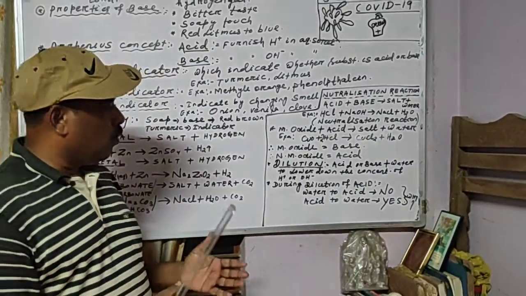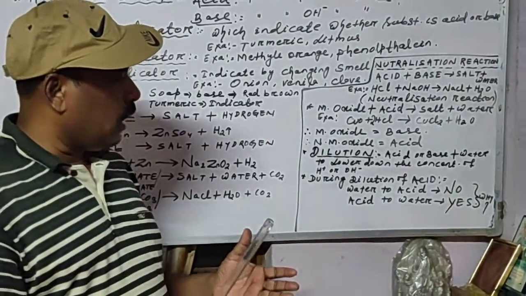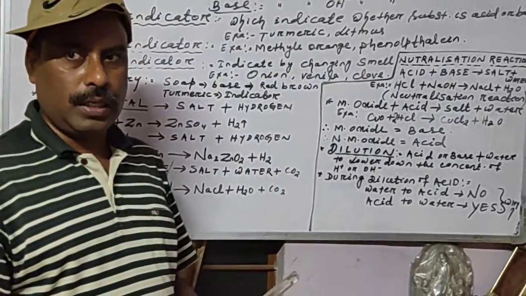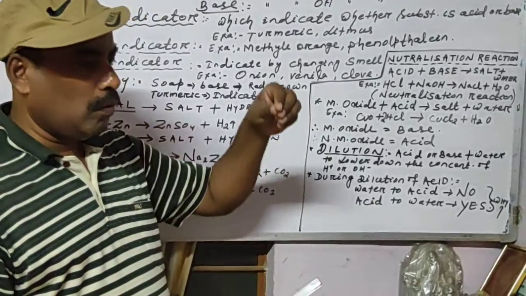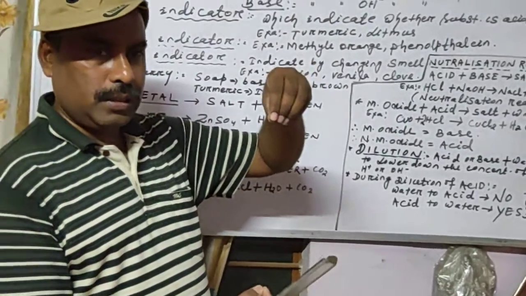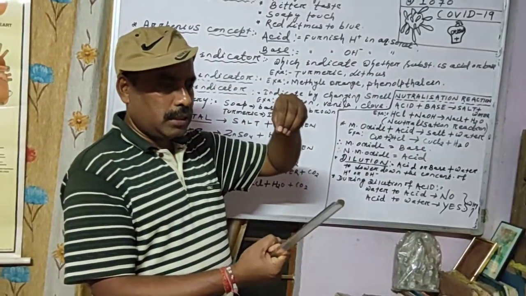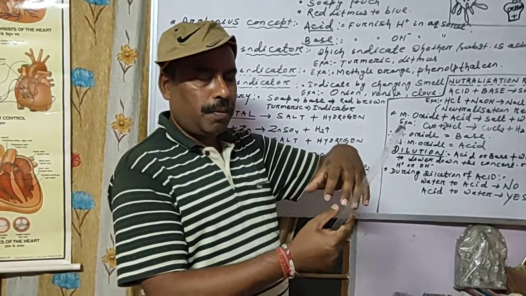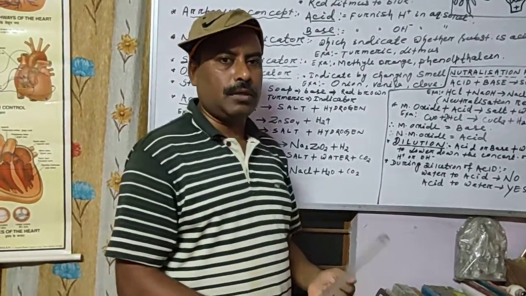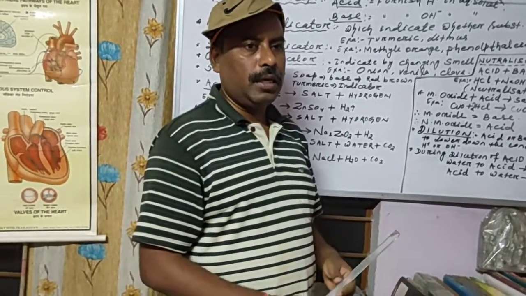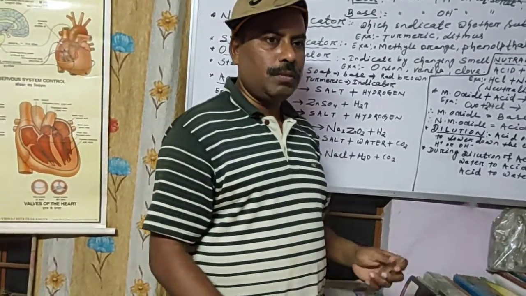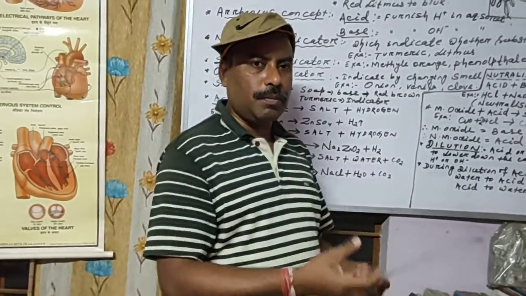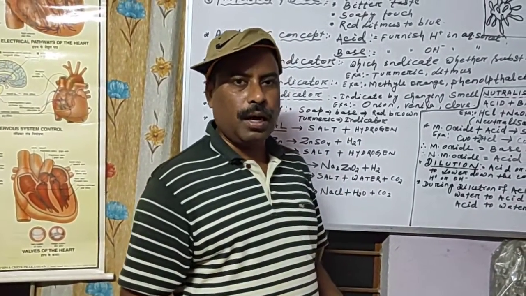Because the acid has a high affinity towards water. When we add water into acid, the acid suddenly reacts with the incoming water and a fast, exothermic reaction takes place, which generates a huge amount of heat, which may flush the acid out of the container and the user may get harmed.